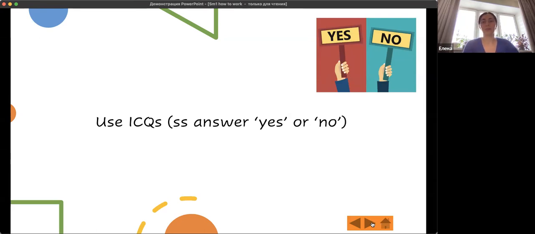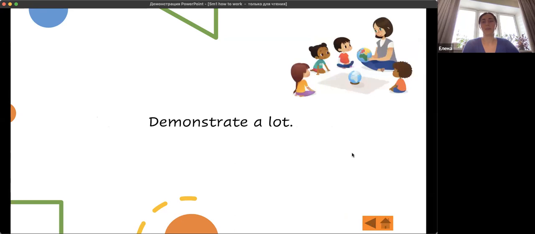So try this. And you need to demonstrate a lot. It concerns the tasks in our books, or maybe some other task that you want to do with them. For example, you can explain it on the board, maybe write something.